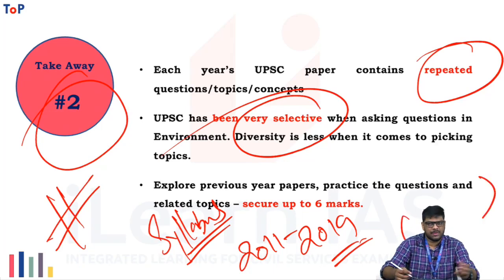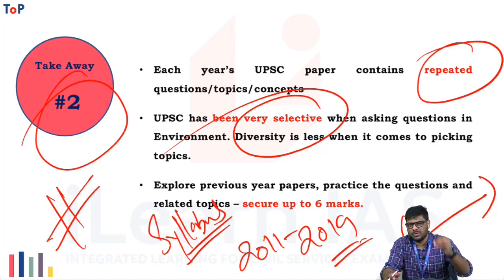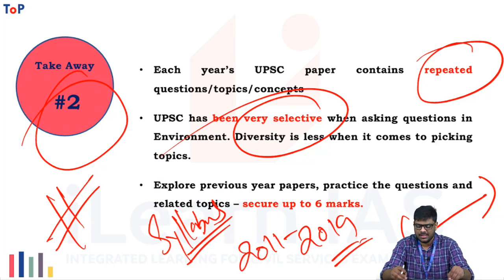Somehow they have to repeat 1 or 2 questions every year because the syllabus is highly restricted. So this is my second takeaway: UPSC is asking repeated questions every single year.